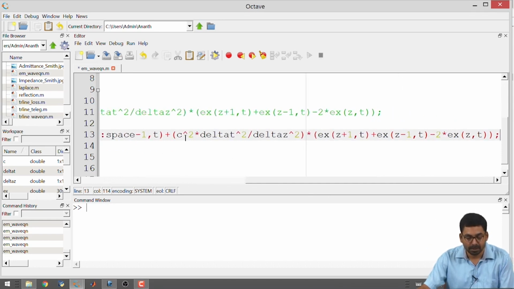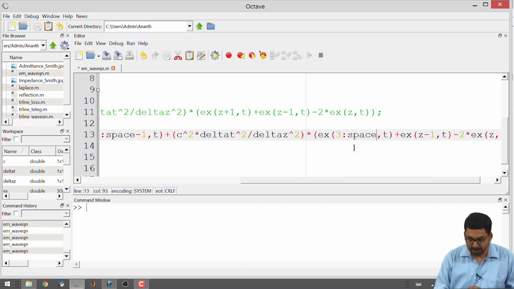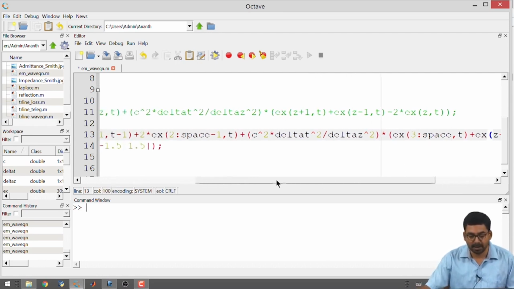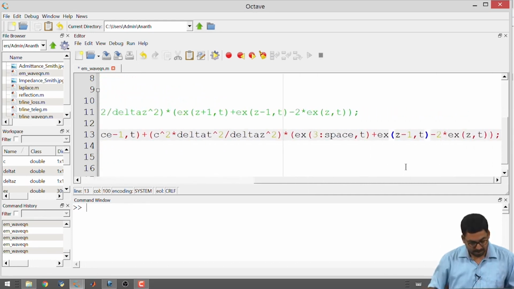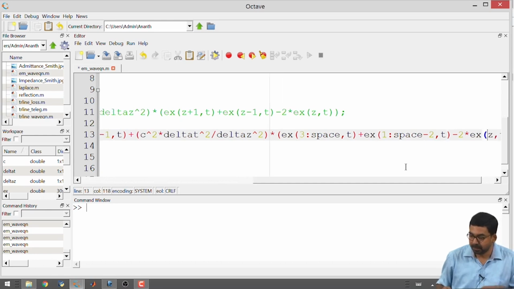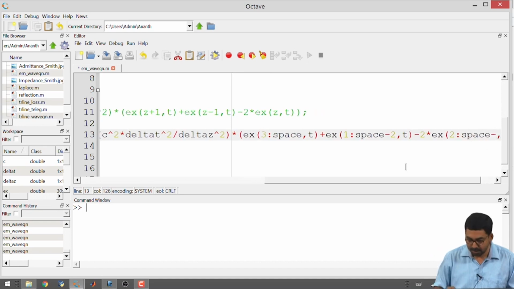So we were here, it becomes 3 colon space comma time, and then z minus 1, it just means that you will subtract 1 from the definition. So you will be subtracting 1 from here, so that becomes 1, and then space minus 2. And then I have z, which is going to be 2 colon space minus 1.